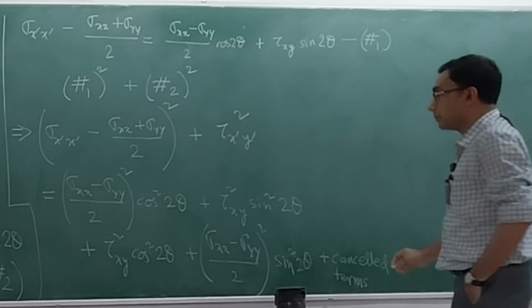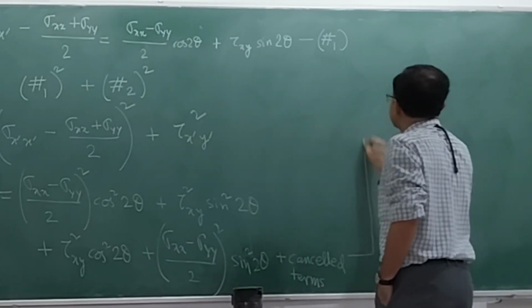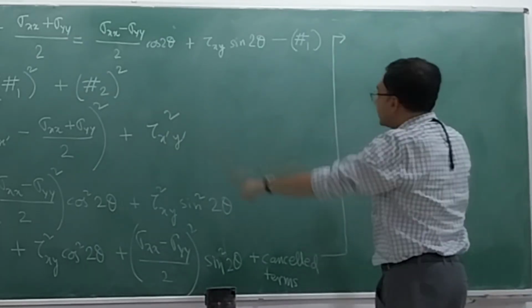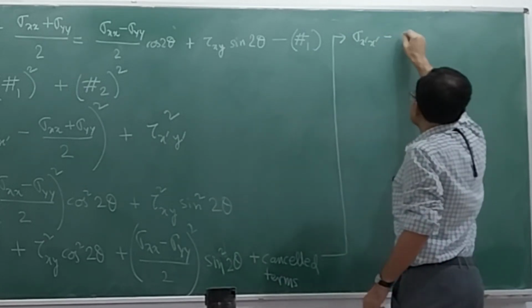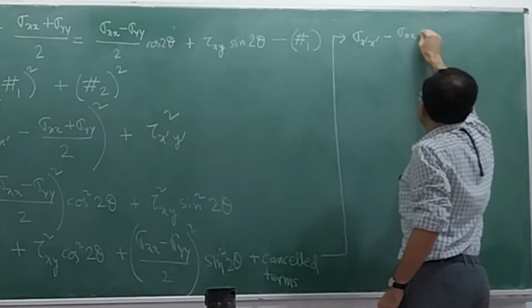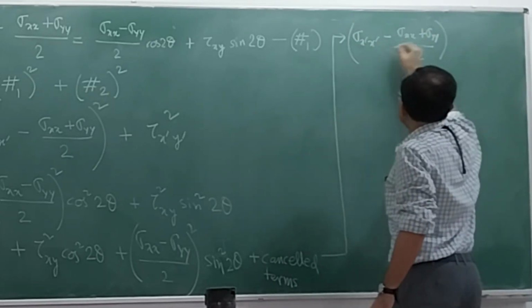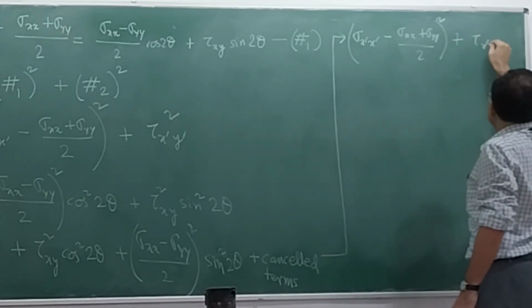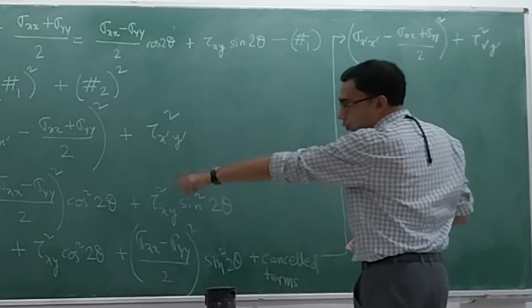So what will happen? Ultimately what I'll get from all of these things is this very nice thing: (sigma x' minus (sigma xx plus sigma yy)/2) the entire thing squared, plus tau x'y' squared, is equal to what?